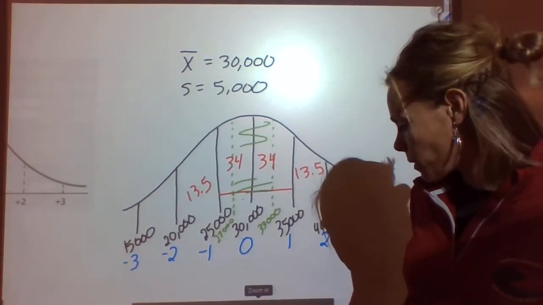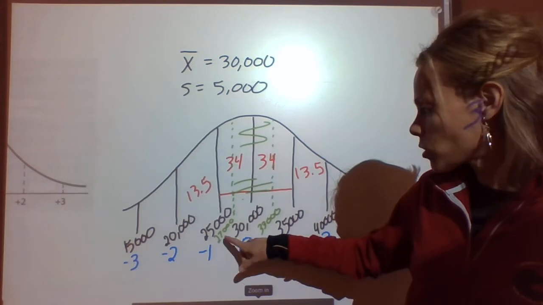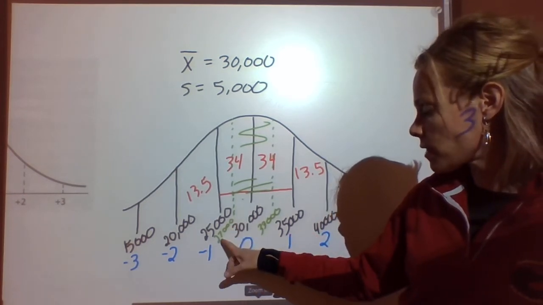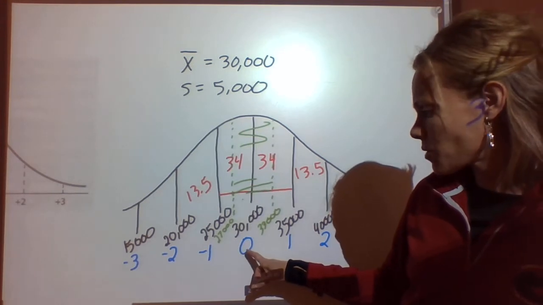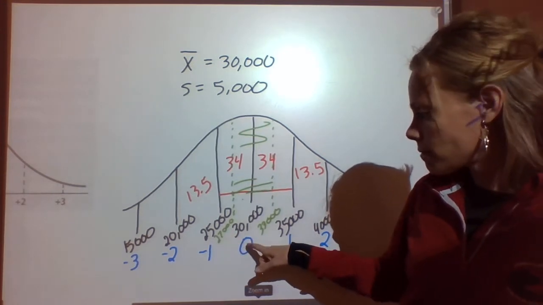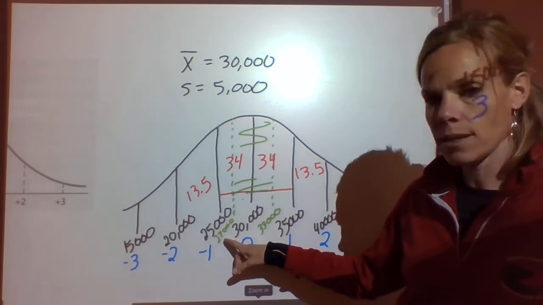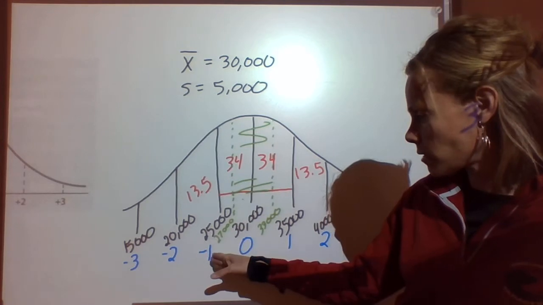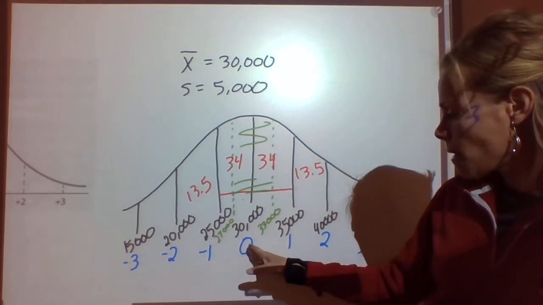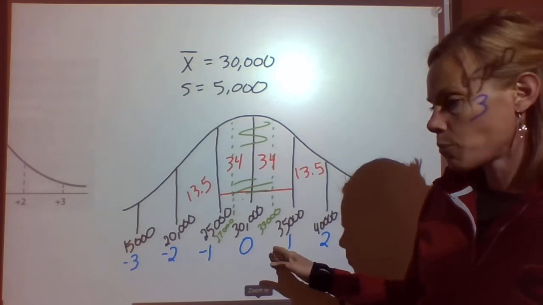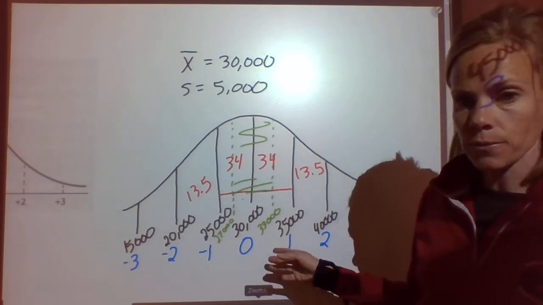So what's going to happen to numbers like 27,000, we can kind of look at this and think, okay, 27,000 is going to have a z-score of -0.6, something like that. It's going to fall somewhere in between 0 and -1. 33,000, the z-score for that is going to be probably somewhere about 0.54. I don't know, right?